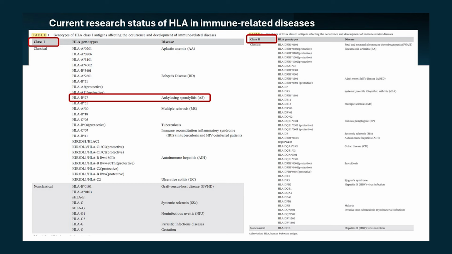Are you ready for this statistic? Over 90% of AS patients are carriers of HLA-B27, while only 7 to 12% of healthy controls are carriers. That's a huge difference, right? What a smoking gun. But let's put that in a different context. Only 5% of the HLA-B27 carriers will develop AS at some point.